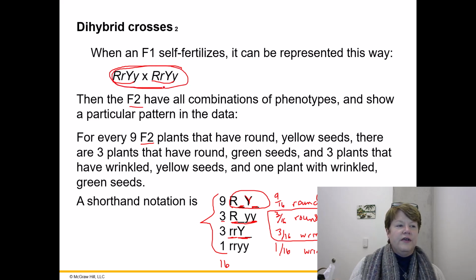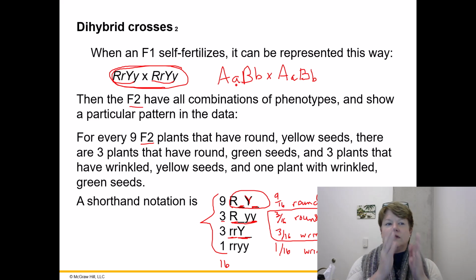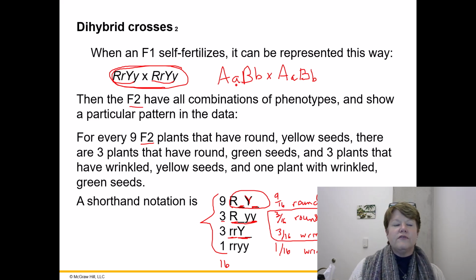follow this pattern. Now, the letters can be different. If you have big A, big B, little b, cross, big A, big B, little b, that's a dihybrid cross. It's just different letters. But you can choose what letters you want to use. Remember, that's a shorthand for what alleles are on the chromosomes.